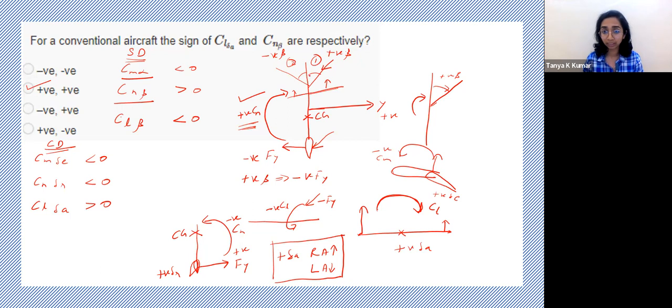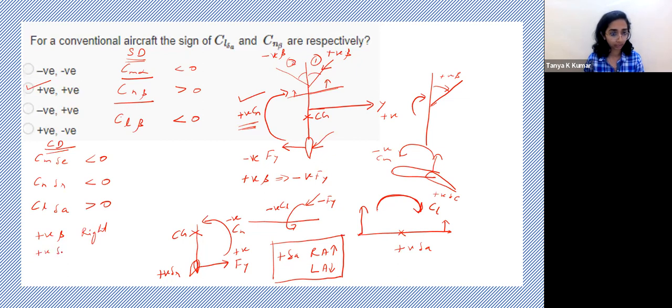Then positive beta is towards the right, rudder deflection left is positive, and aileron, right aileron up, left aileron down, is positive. These three things, just remember, let's write that down. Positive side slip angle is towards the right.